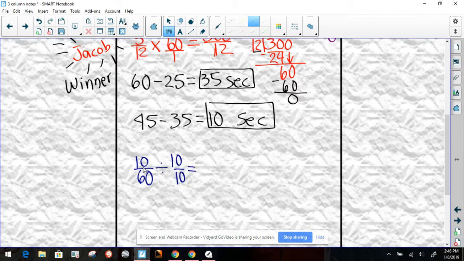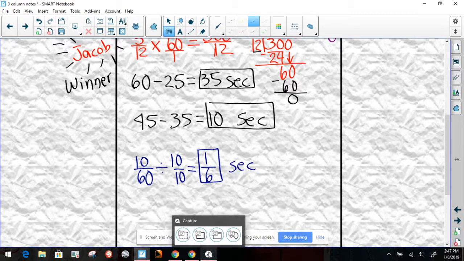And when you divide 10 by 10 equals 1, and 60 divided by 10 equals 6, then this is the fraction, 1/6 of a minute. Okay, so that was the difference. So we gave the difference in fraction, and we also gave the difference in seconds, in a whole number.